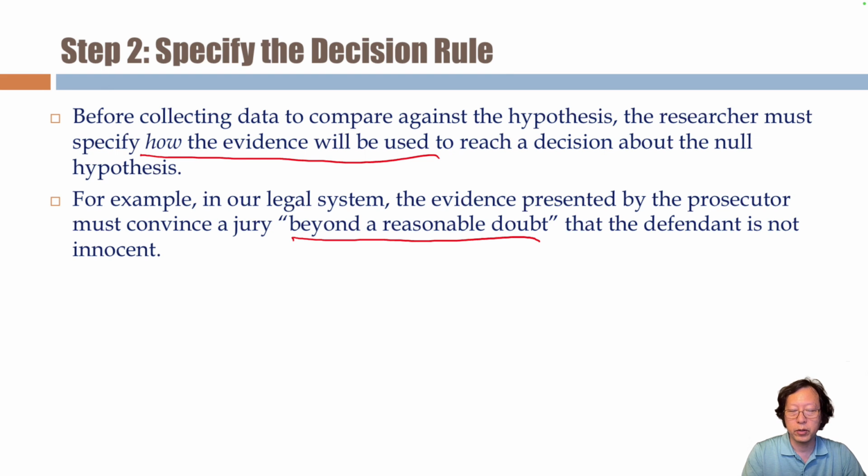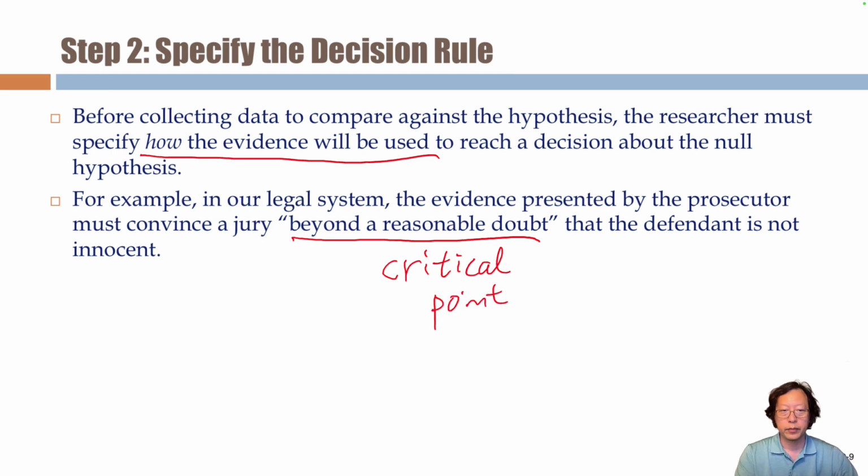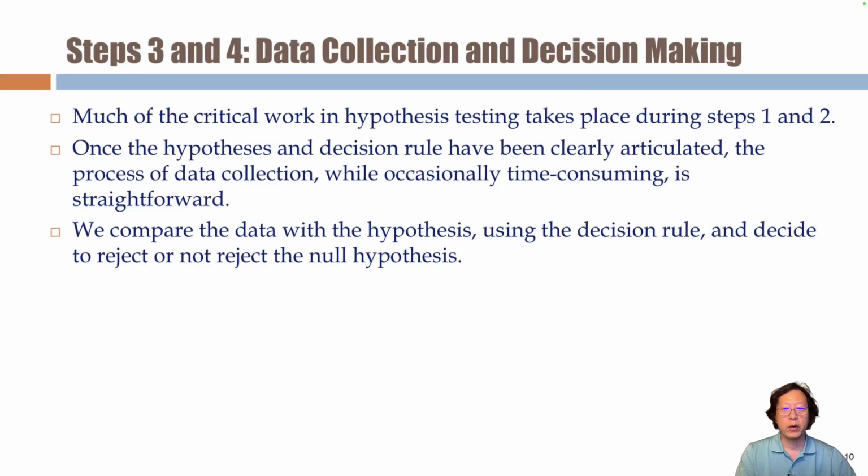So this is a kind of critical point that the defendant is not innocent. We will see whether our evidence goes over this critical point or not. If it's not above the critical point, then we say this is not strong enough. Then we collect the data and compare it to the critical point, and then we can say this is strong enough or this is not strong enough, and we will make a decision.